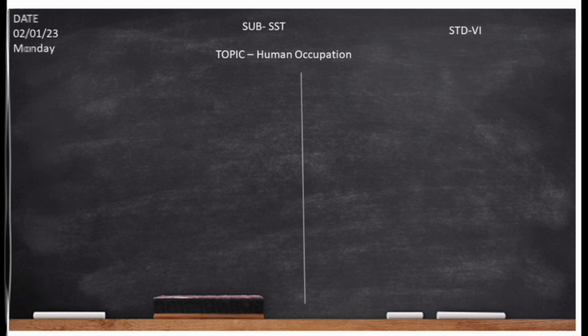On which basis did you distinguish them? Do you know what these things are called, the field in which they are working? Occupation. My father's occupation is police and my mother's occupation is teacher.